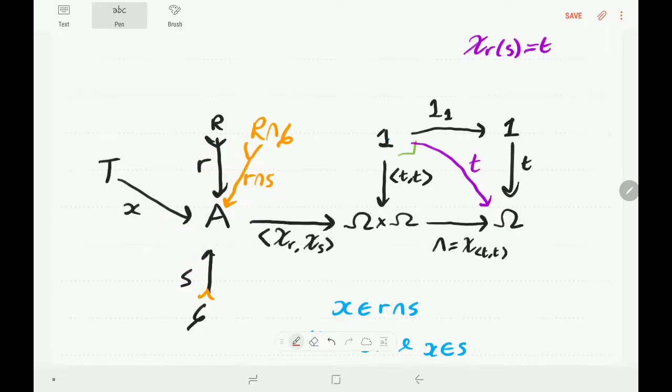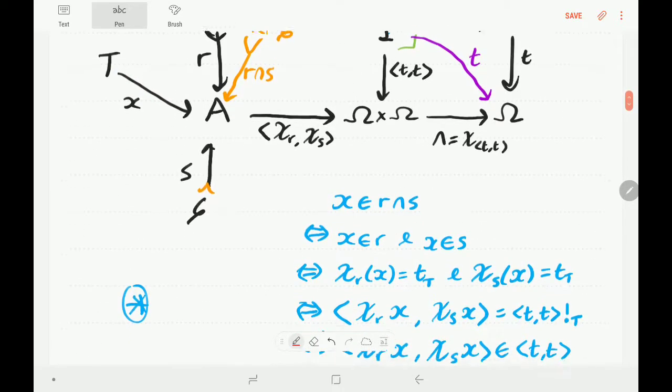Since monics are classified by the generalized elements which are members of them, as in, for any T and for any X, we always have X is in monic A if and only if X is in monic B, that means monic A and monic B are equivalent, isomorphic in some sense.